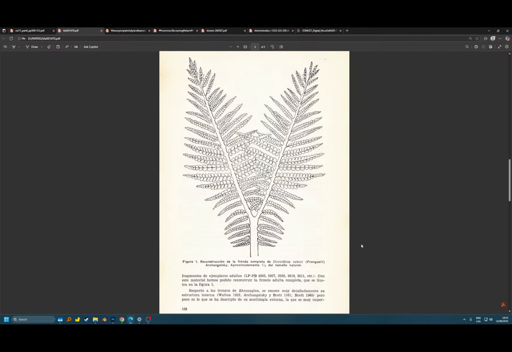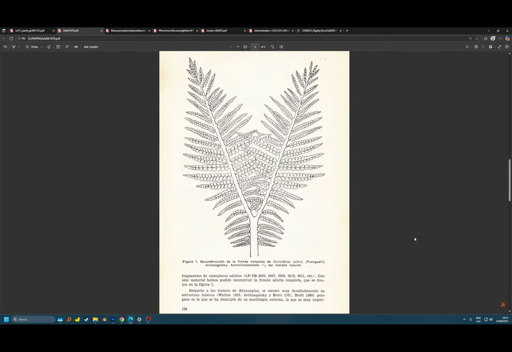The first time someone thought, hey, Dicroidium goes with Rexoxylon was when Sergio Archangelski made that very smart observation that, hey, these plants are associated, right?